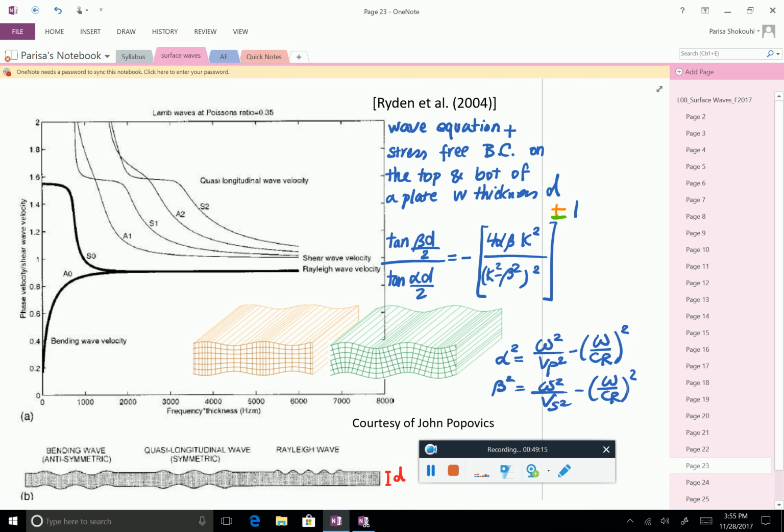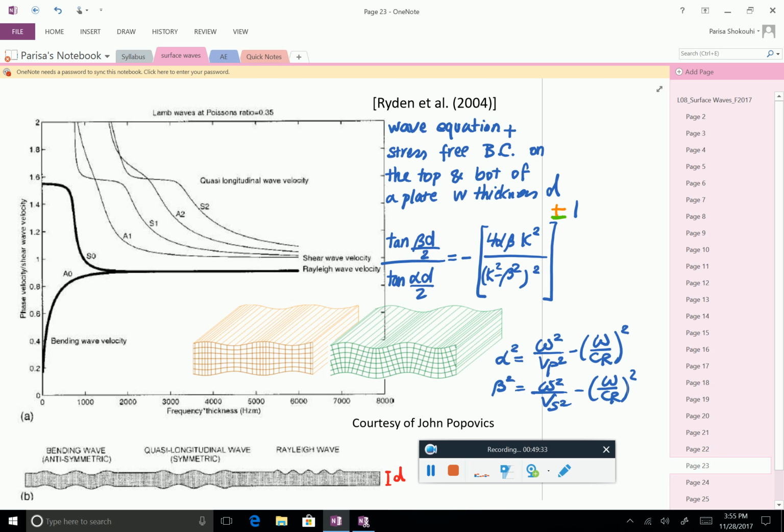People use different notations for that. It's called symmetric because it's symmetric with respect to the half plane that goes through. And then the green corresponds to the anti-symmetric mode.